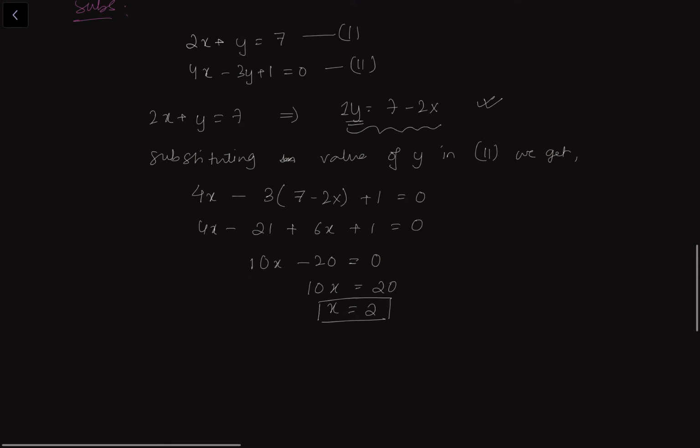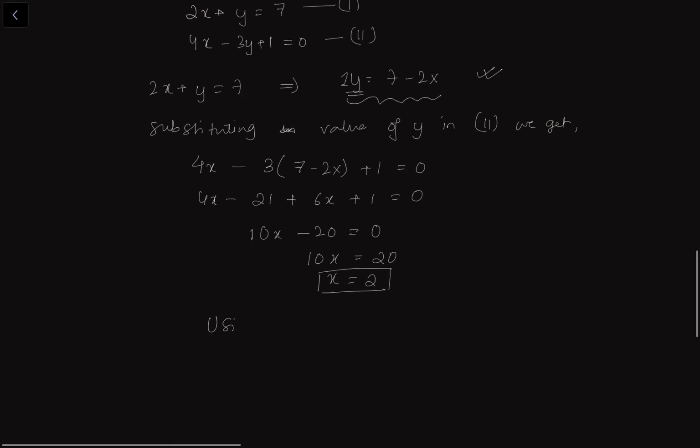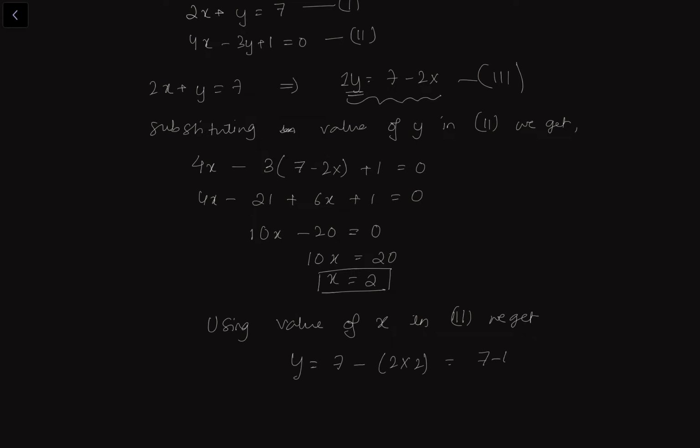Now you have it. Now again you will do what? Using value of x in 1, we get, or instead of 1, what you can do is you can number this as 3, and you can write using value of x in 3, we get y is 7 minus 2 into 2, which is 7 minus 4, which is 3.